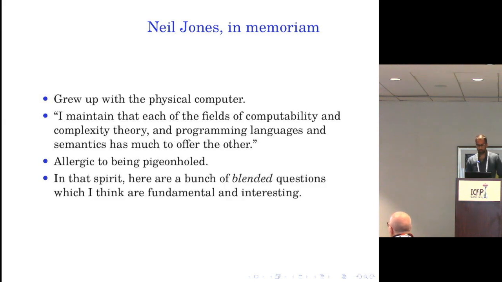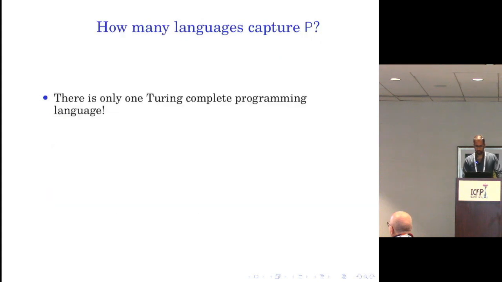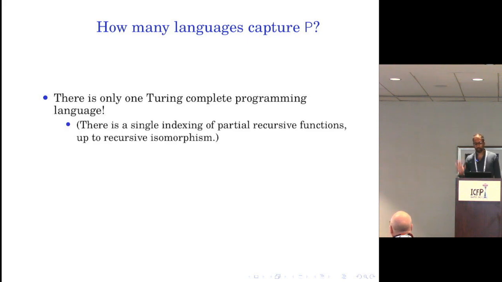If you knew anything about Neil, he was very allergic to being pigeonholed. So here's a bunch of blended complexity and PL questions, which I think are very interesting. In the interest of time, I'll just present one. How many programming languages are there? Well, just one, in the sense that there's a single indexing of the partial recursive functions up to isomorphism.